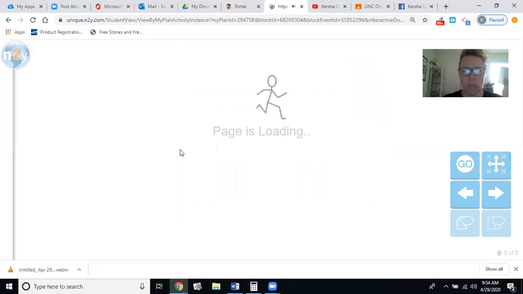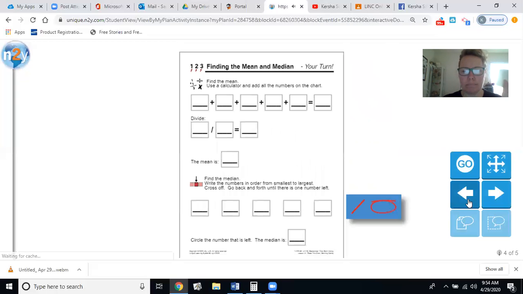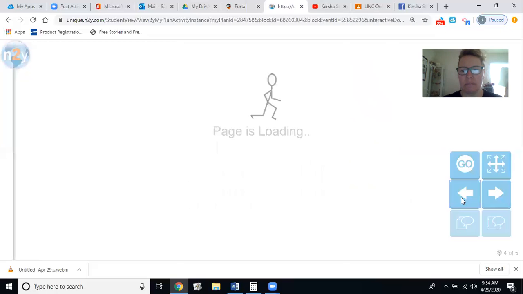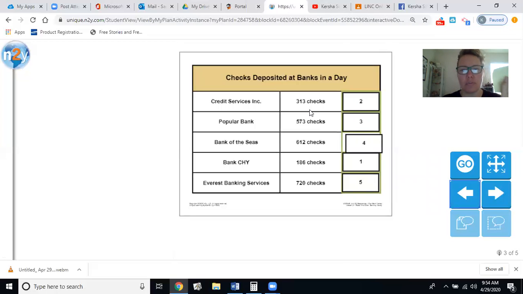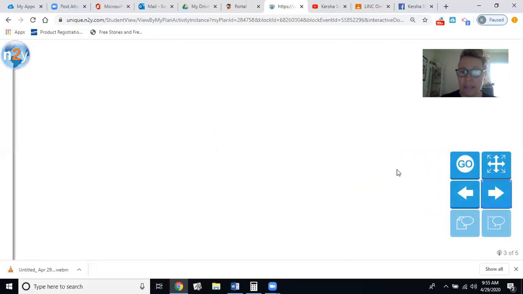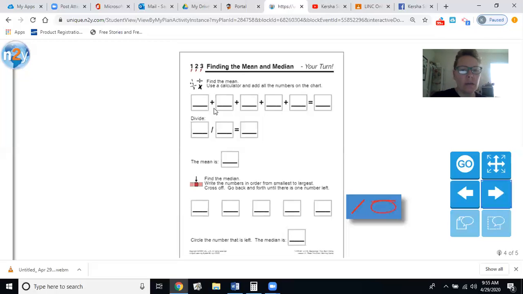Oh, wait. Keep working. And then write down the amounts from here. So you could just put 313, 573, 612, 186, 720. And you notice there's 5 amounts, 1, 2, 3, 4, 5. So you're going to divide by 5 again and just put those amounts right there.